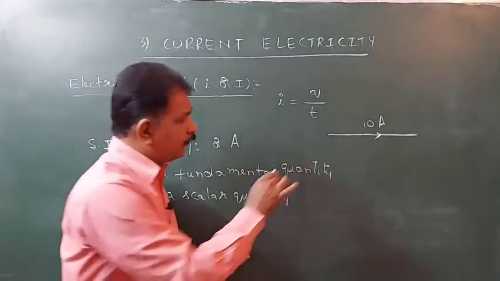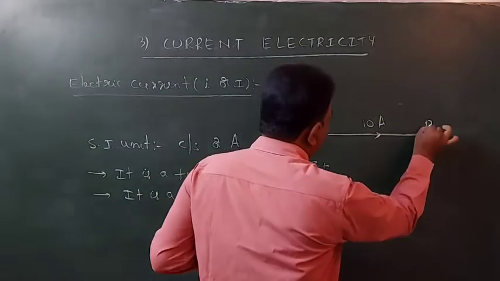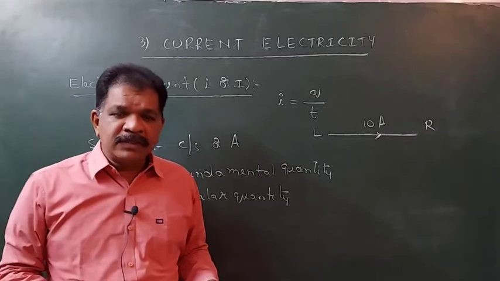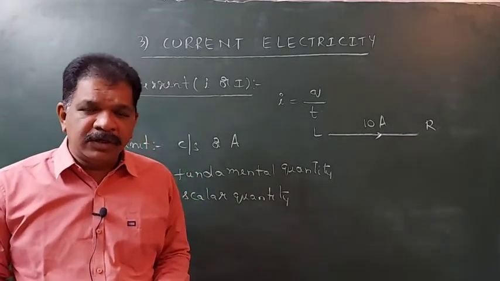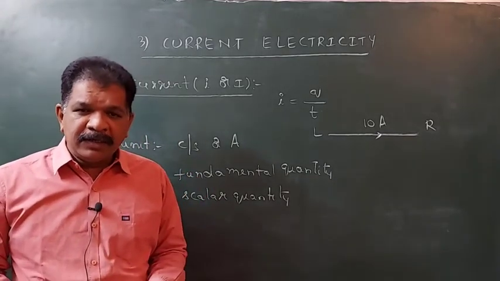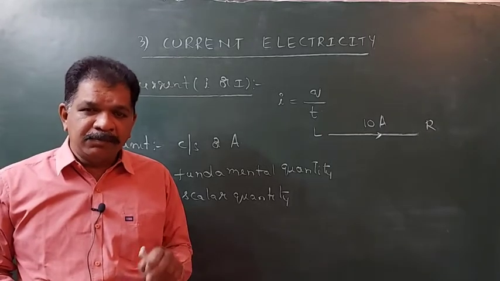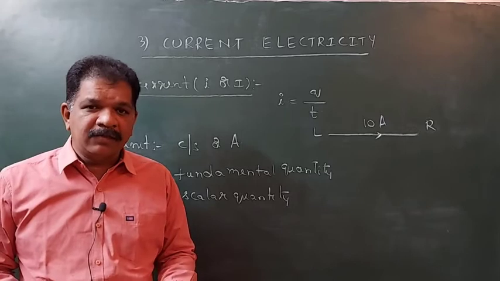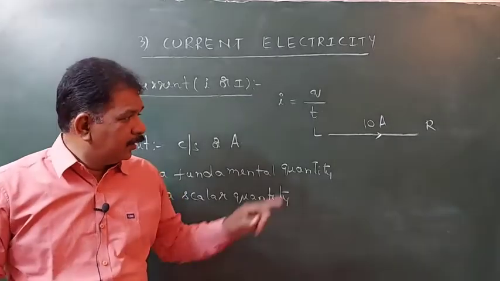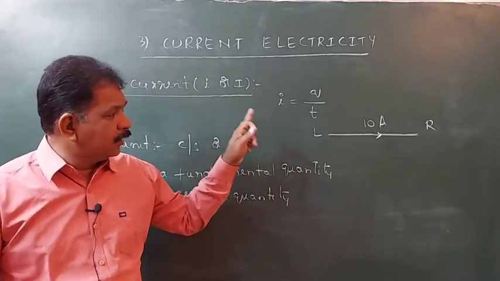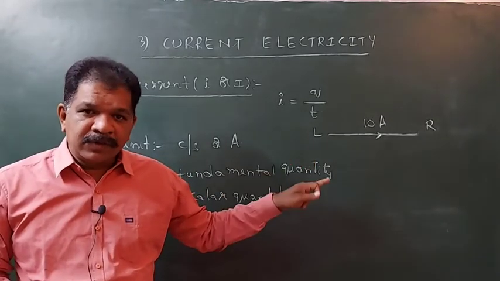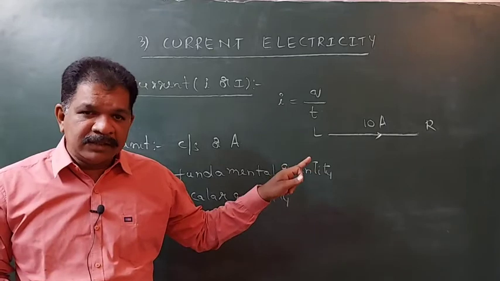It is going from left to right, so it is having direction also. So it is having both magnitude and direction, but it is a scalar quantity because it is not obeying the laws of vector addition. That's why electric current will be a scalar quantity.